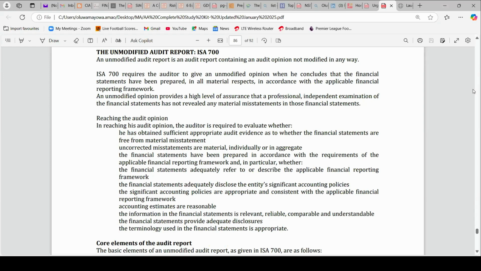Then the second thing, ICAN, FRCN should carry out more monitoring and assessment of the work of the auditor. So when the clients and the public know that anytime an audit firm is carrying out an audit, that work will be monitored by the oversight bodies, and everybody knows that at a point in time ICAN is going around audit firms, monitoring and checking their work, that will also help in closing the gap.